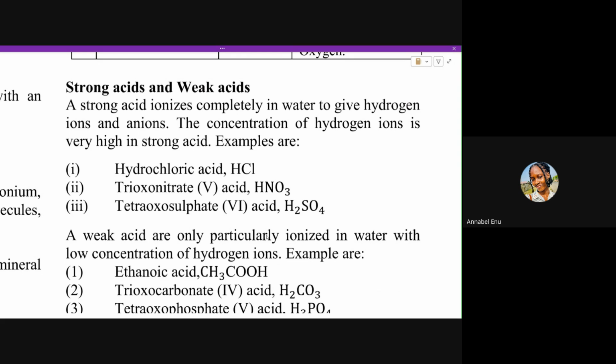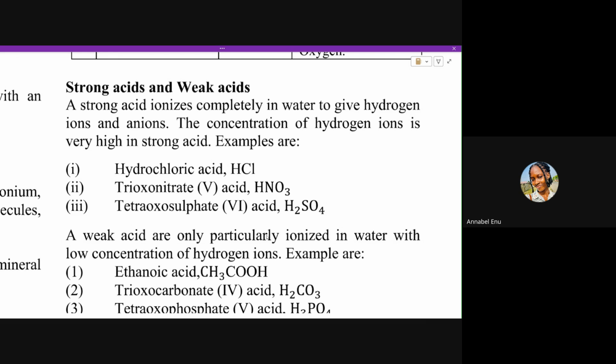These three are the major strong acids. Why are they strong acids? Because they will ionize completely. That means they will completely dissociate when they are dissolved in water to form our positive and negative ions. The positive ion there is the hydrogen, and the negative ion there is the anion.